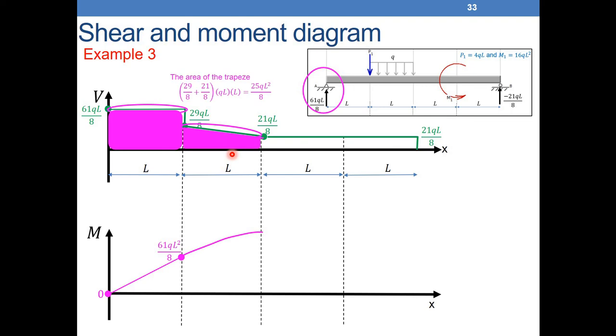The area of the trapeze is equal to the larger base plus the smaller base, so 29 over 8 QL plus 21 over 8 QL, times the height. It will give us 25 QL square over 8.